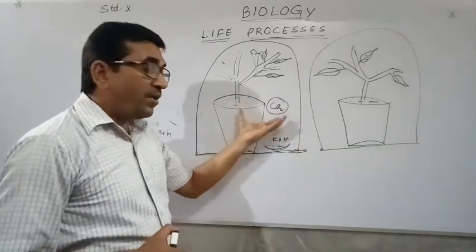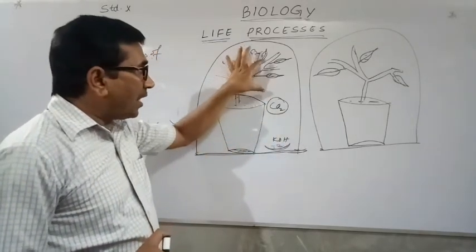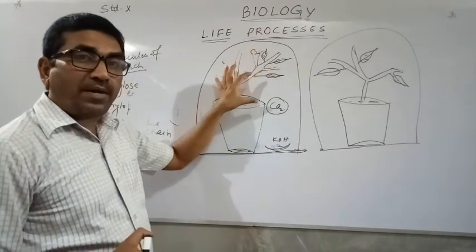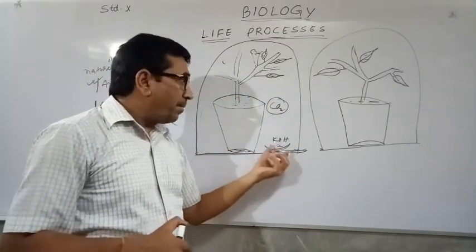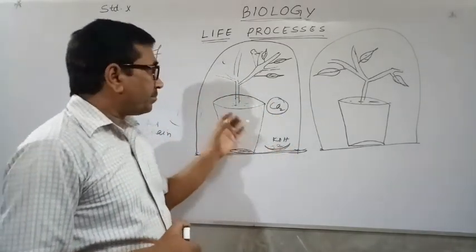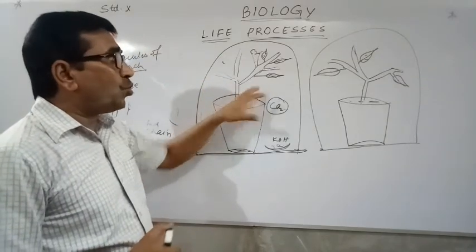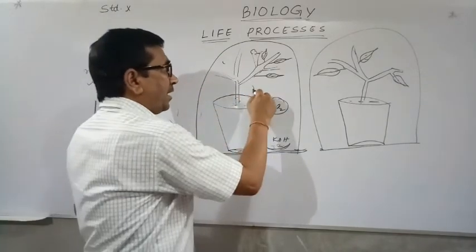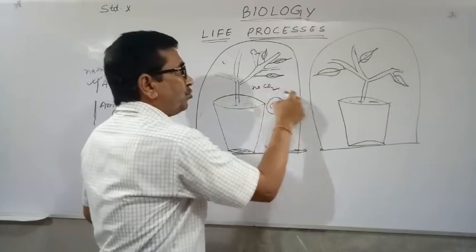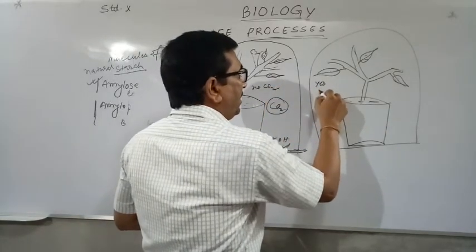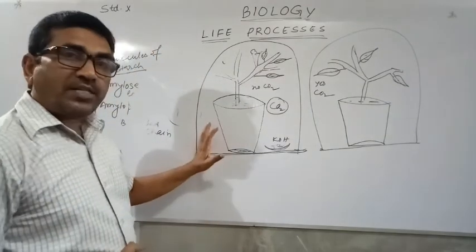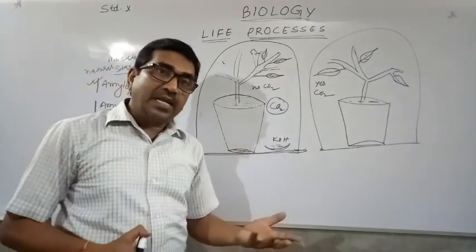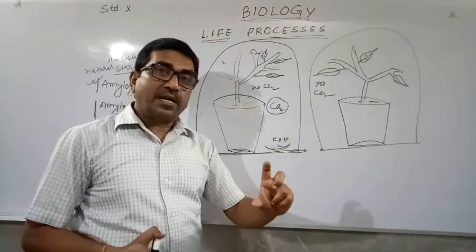It reacts vigorously, and all the carbon dioxide present in it is taken up by the potassium hydroxide. It means there is no carbon dioxide here. In one watch glass carbon dioxide है ही नहीं, एक में carbon dioxide है.